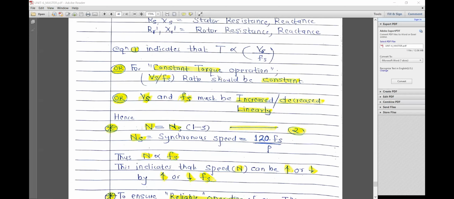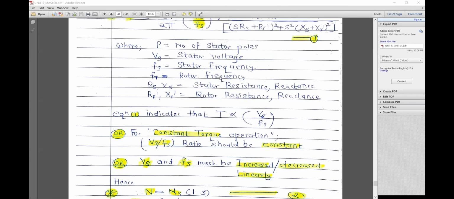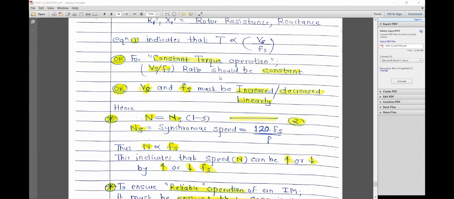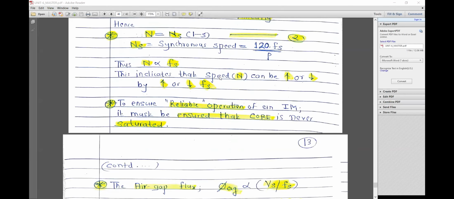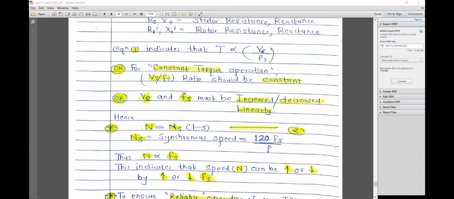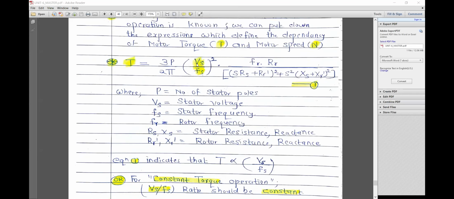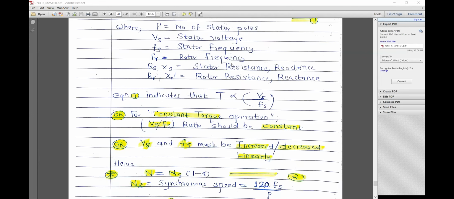So Vs and Fs must be increased or decreased linearly. Then, to ensure reliable operation of an induction motor, it must be ensured that the core is never saturated. This is a very basic concept: if the ratio of stator voltage and stator frequency is not constant, equal to K, and this ratio gets violated, then it leads to core saturation.